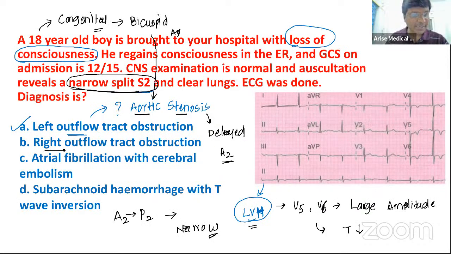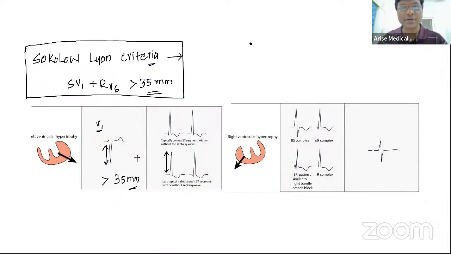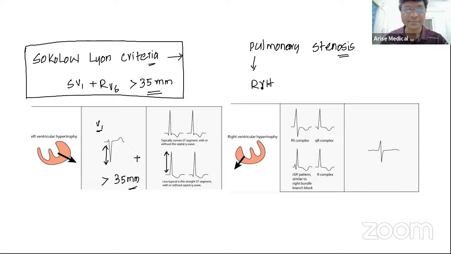Second option is right outflow tract obstruction. One example of right outflow tract obstruction is pulmonary stenosis. In pulmonary stenosis, you will have right ventricular hypertrophy.